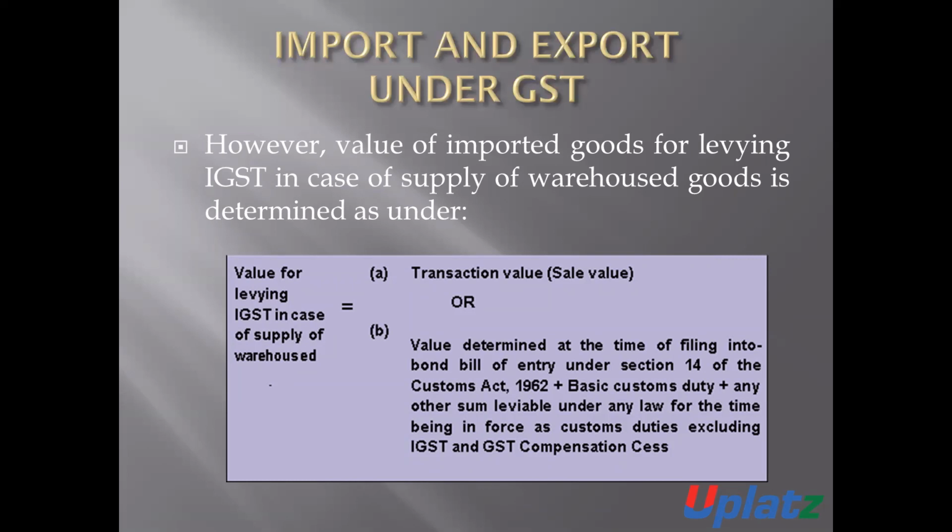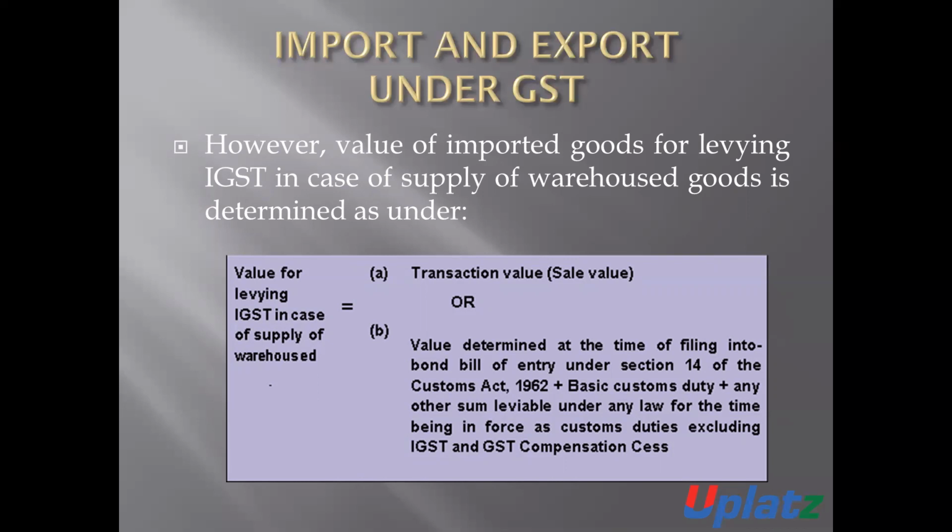Value for levying IGST in the case of supply of warehouse goods is equal to the transaction value, or the value which is determined at the time of filing of the in-bond bill of entry under section 14 of the Customs Act 1962, plus basic custom duty, plus any other sum which is leviable under any law for the time being in force as duty, excluding IGST, plus GST compensation cess.